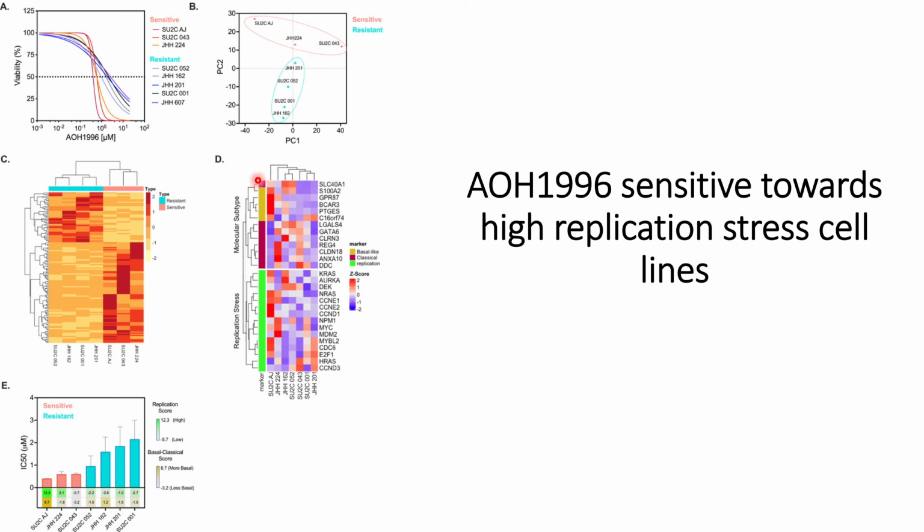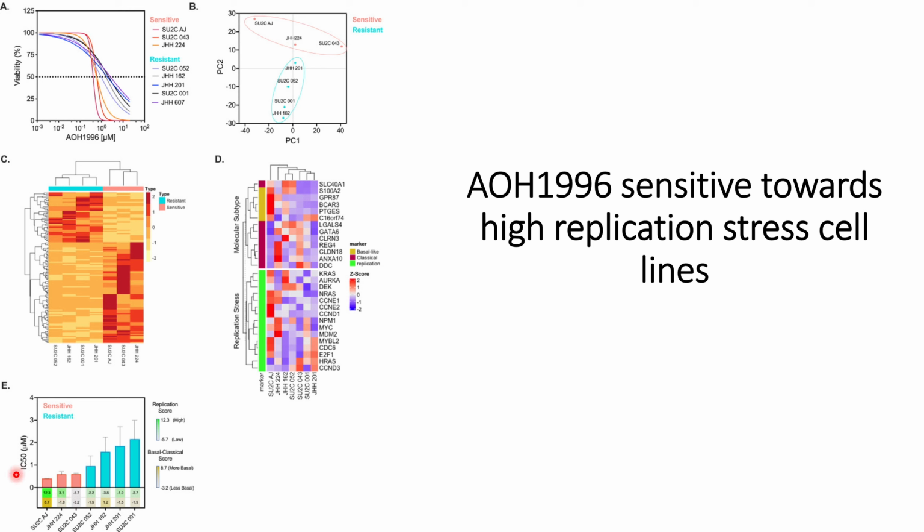The one marker for the classical cell lines at the top is SLC40A1. And then they compared the IC50 values of the organoids from the different cell lines used in these studies, and they found that IC50 values are lower for the cell lines that are sensitive towards AOH1996, as we can expect.